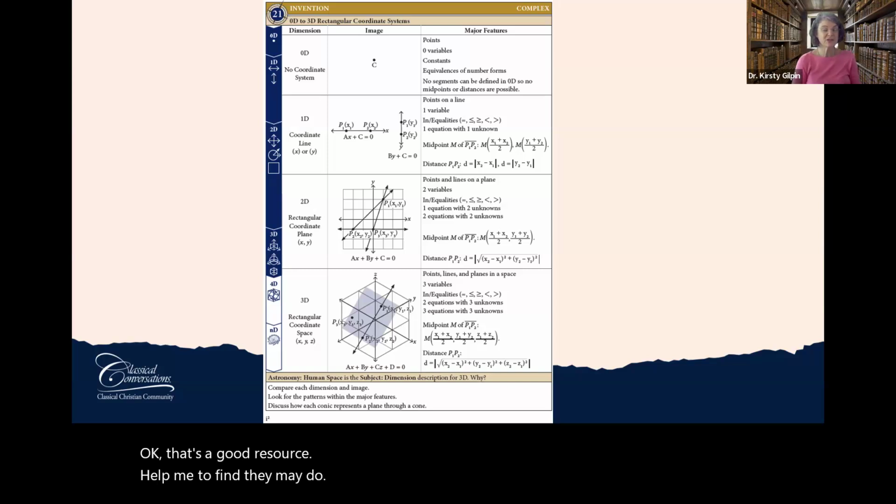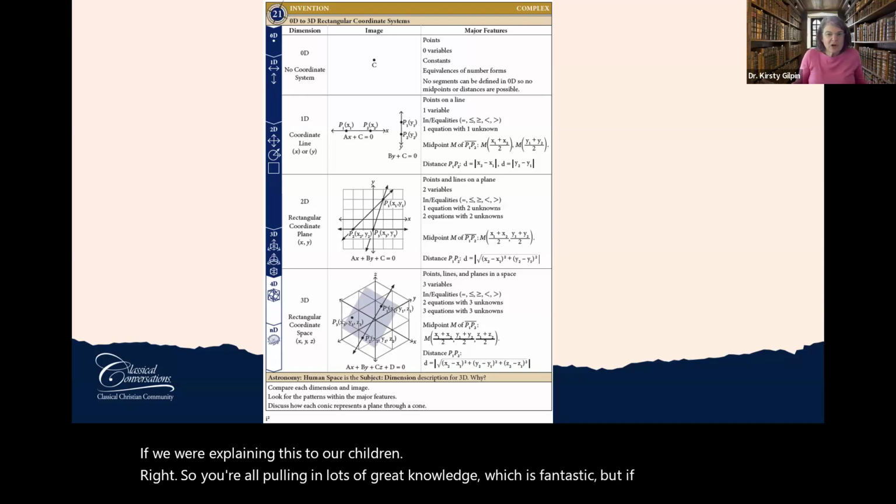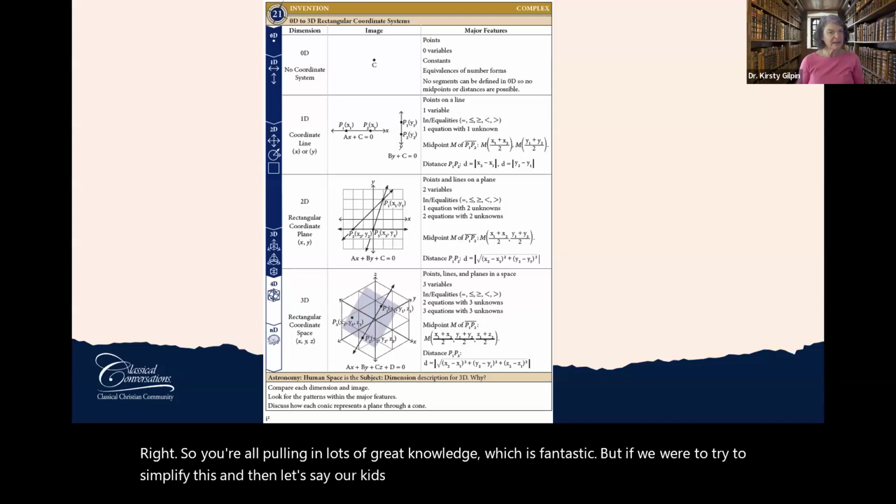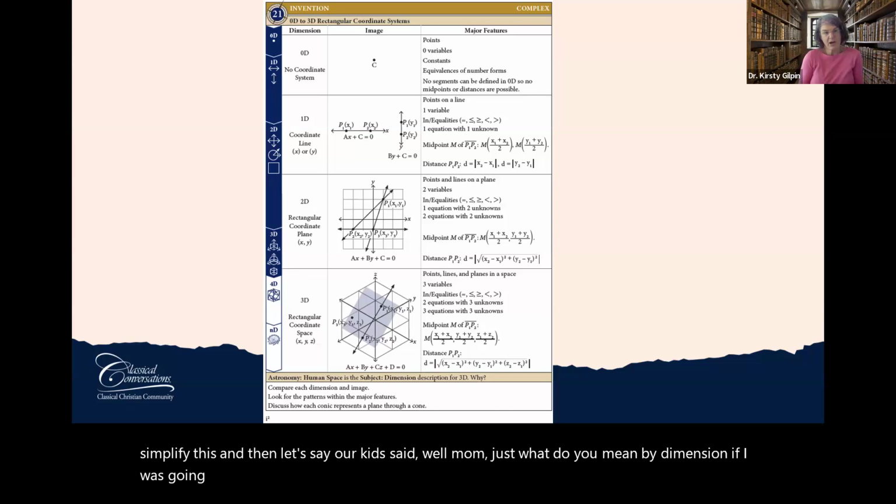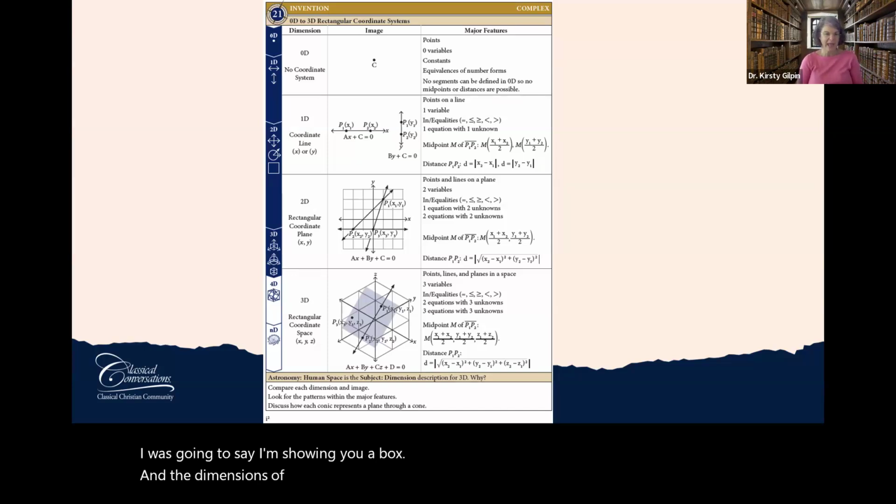If we were explaining this to our children, you're all pulling in lots of great knowledge, which is fantastic. But if we were to simplify this, and our kid said, well, Mom, what do you mean by dimension? If I said, I'm sending you a box and the dimensions of the box are 4 by 6 by 8, what would that mean to you?